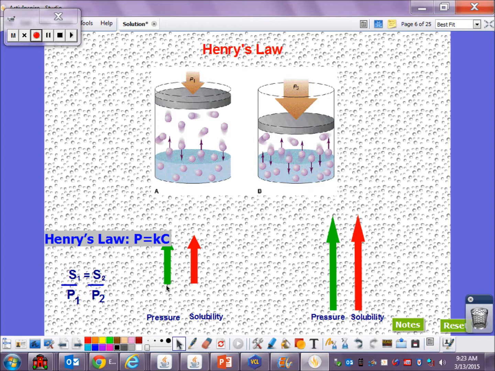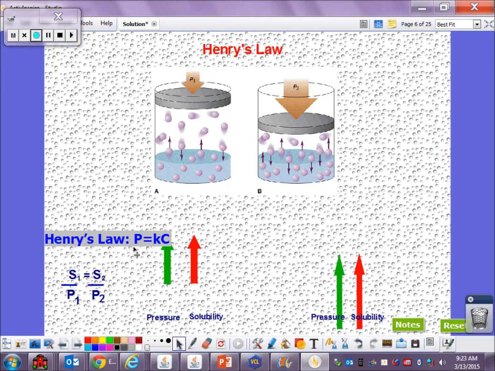The company wants to dissolve the carbon dioxide in the soda, so they apply pressure. As you increase the pressure in that can, the solubility of the gas in that liquid will increase. When you open it, you decrease the pressure, the solubility will decrease, and your soda will become flat.